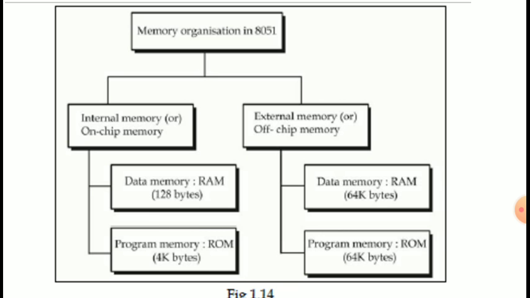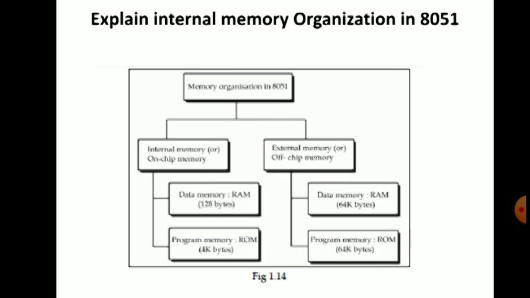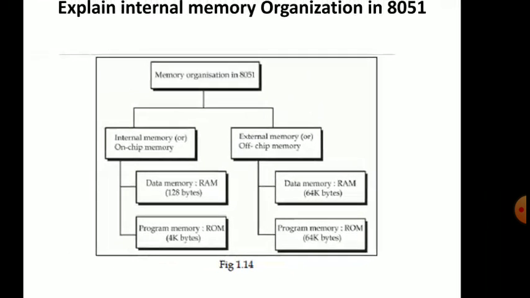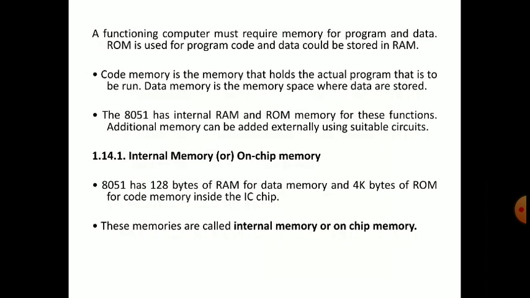So how is this memory organized, that means what sections do we have in this memory, we will see. A functioning computer requires memory for program and data. ROM is used for program and code, and data can be stored in RAM.